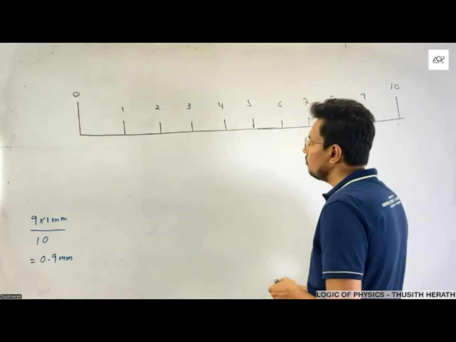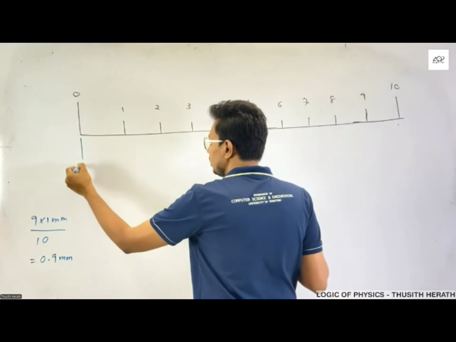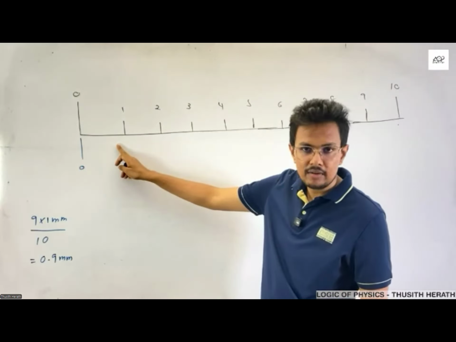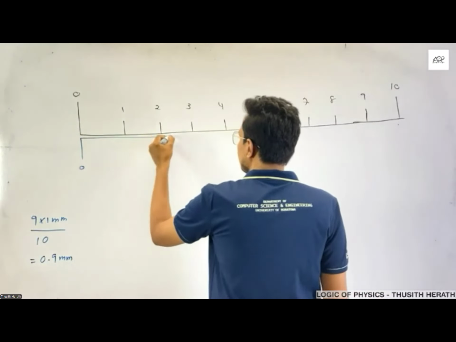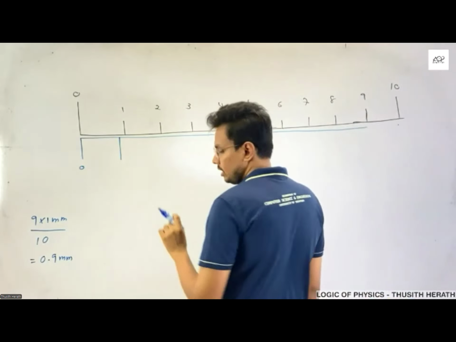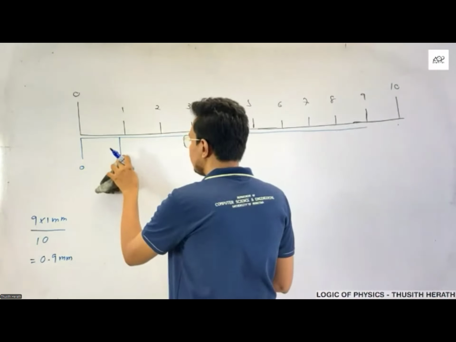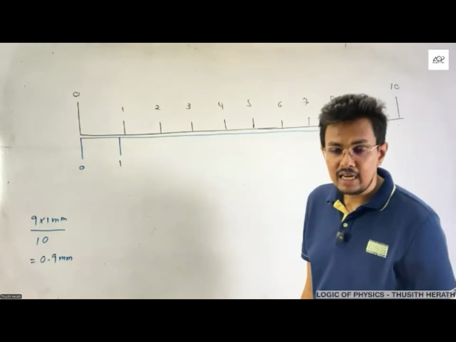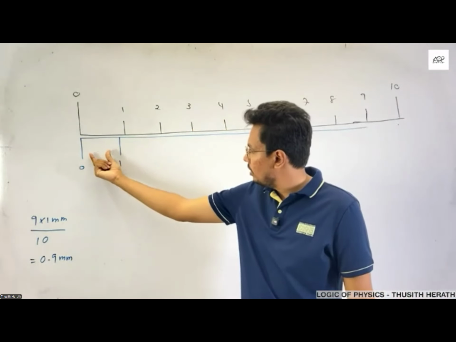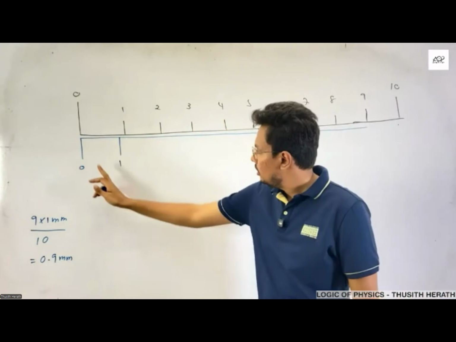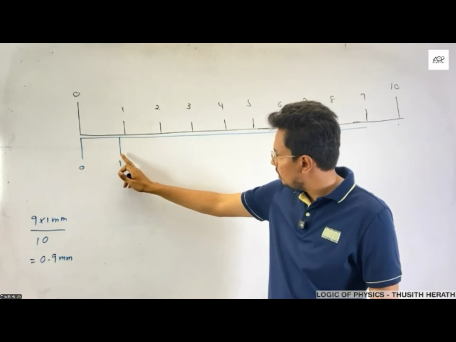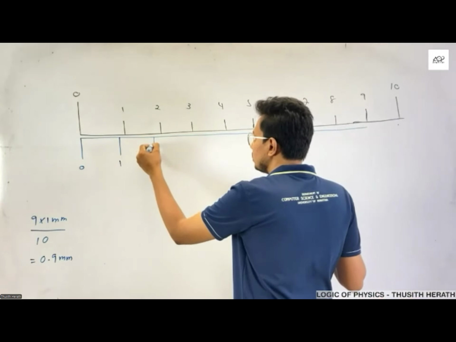So I will start drawing the Vernier scale. So 0 should be here. And the first Vernier line should be 0.9 millimeters apart from the 0 line. Here's the first Vernier line, because the length of a Vernier part is 0.9 millimeters. The second Vernier line should be 0.9 millimeters from here, because every part of the Vernier scale should be 0.9 millimeters. It should be like this.